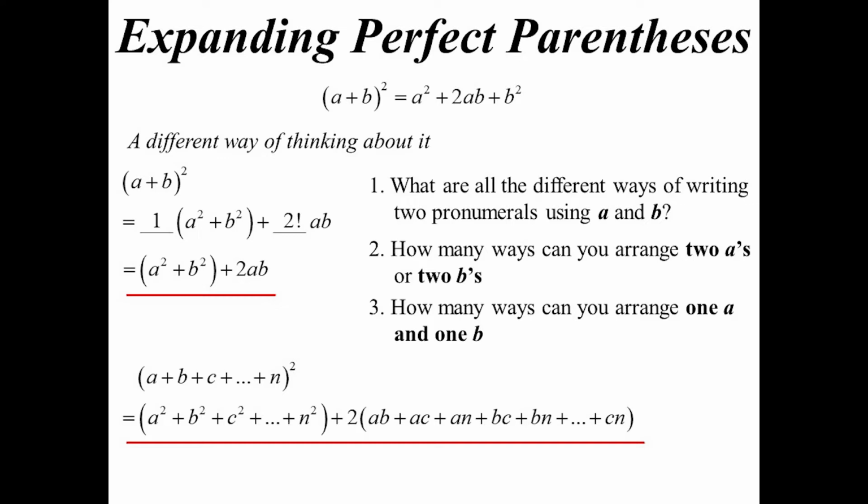Or I could get a times b, a times c, b times c, b times n, c times n, and so on. But I'll ask the same questions. How many ways could I arrange the a and the a? Well, there's one way. How many ways could I arrange the a and the b? There's 2 ways. So there's our formula, if you like, for anything squared.